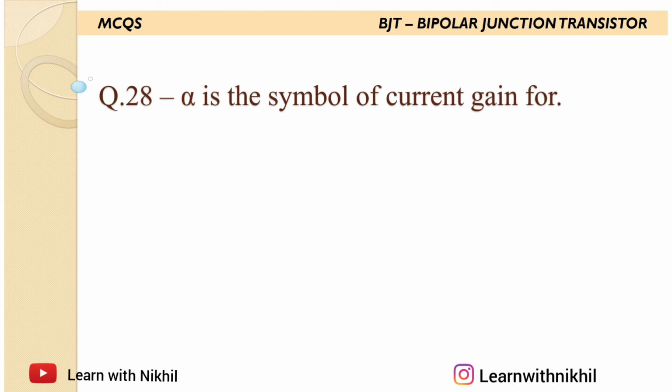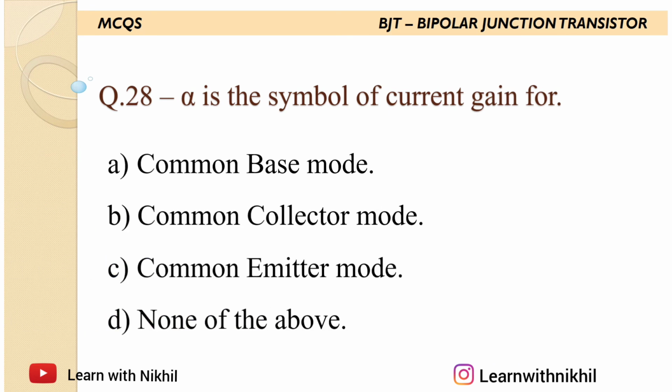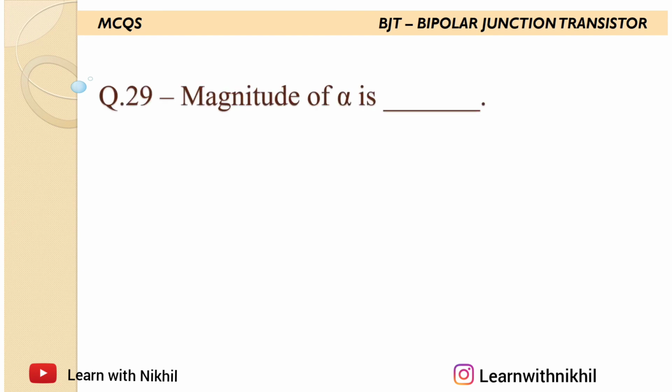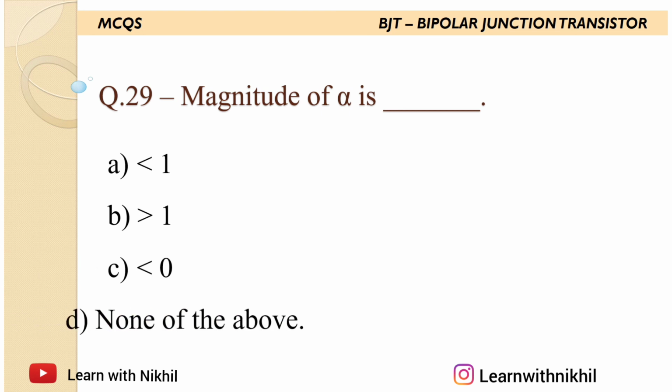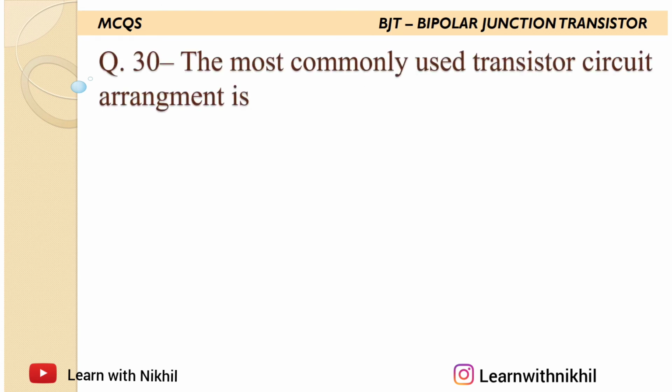Next question. Alpha is the symbol of current gain for A, common base mode; B, common collector mode; C, common emitter mode; or D, none of the above. And the answer is common base mode. Next question. Magnitude of alpha is A, less than 1; B, greater than 1; C, less than 0; or D, none of the above. And the answer is less than 1. Next question.